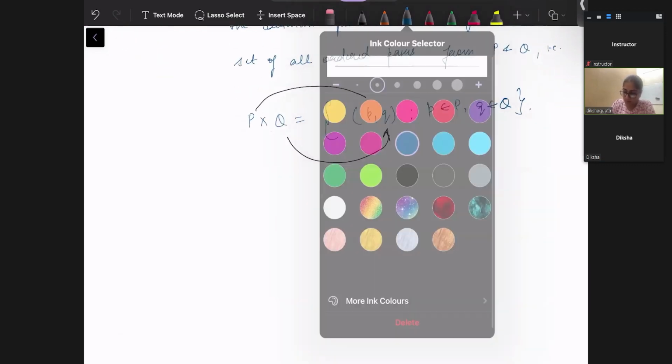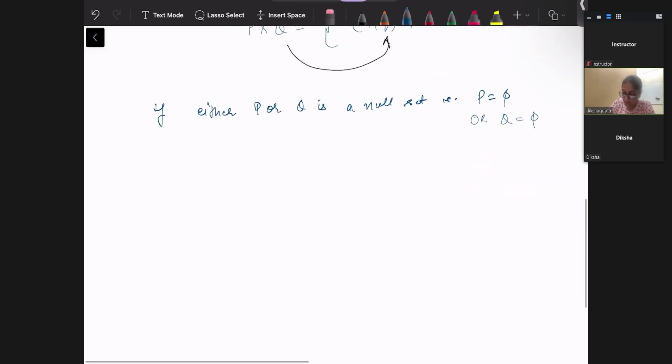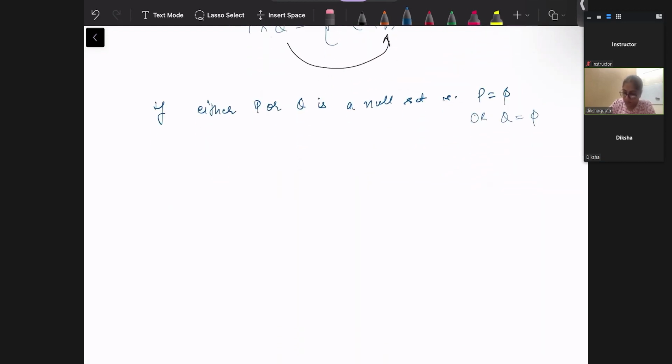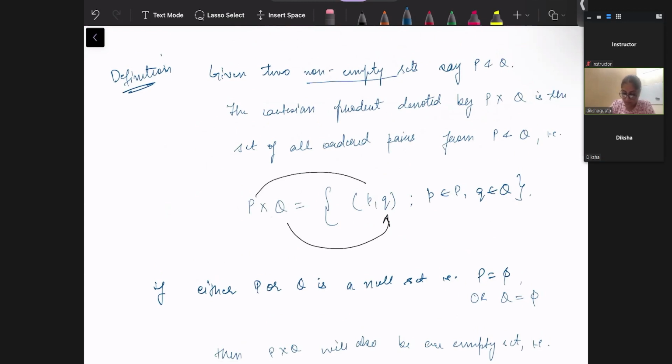However, if either P or Q is a null set, that is P equals phi or Q equals phi, this is the denotation of a null set, then of course P cross Q will also be an empty set, that is P cross Q is phi. Okay. So I hope the definition is clear to you guys.